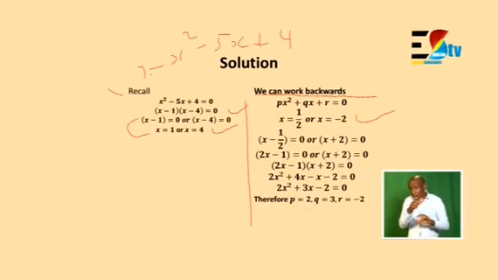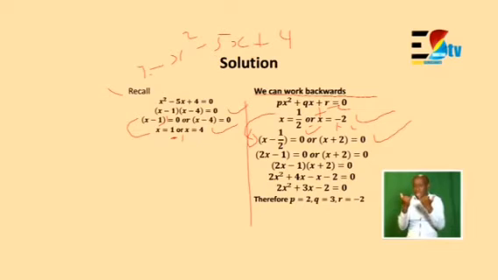So we can check the next step that we had going backwards. You see now we have a 0 this side. So how did they get the 0? They minus 1, minus 1, you get x minus 1. So we can do that even here. You minus this 1 over 2 both sides, you should get this. And also this side, you plus 2, you should come here, x plus 2 is equal to 0.